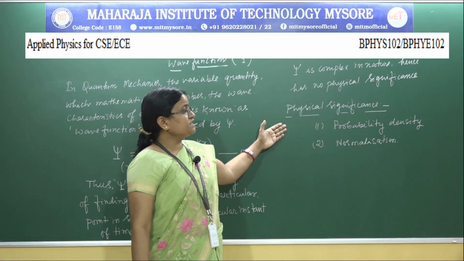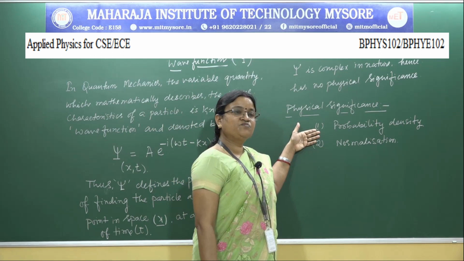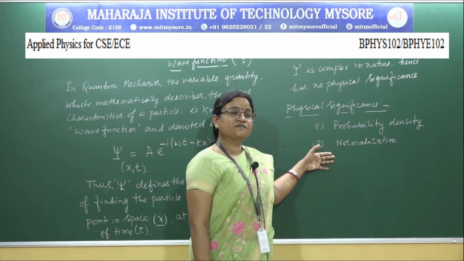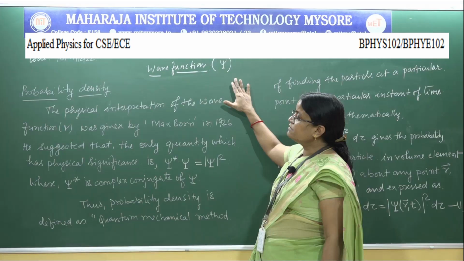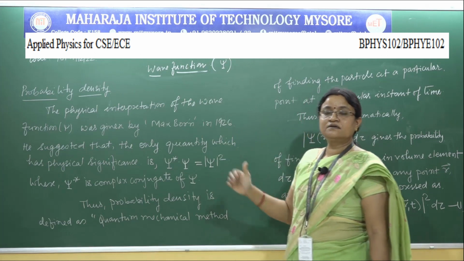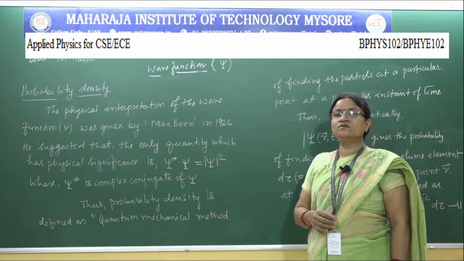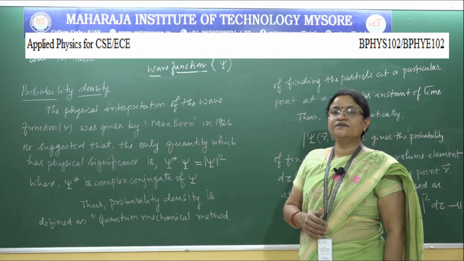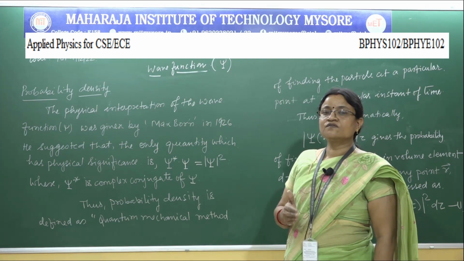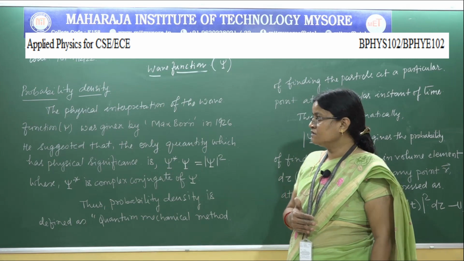So to study the physical significance, first we define the probability density, and second the normalization. The probability density: as I explained, psi alone does not have any physical significance. The physical significance is when it is multiplied by its complex conjugate.